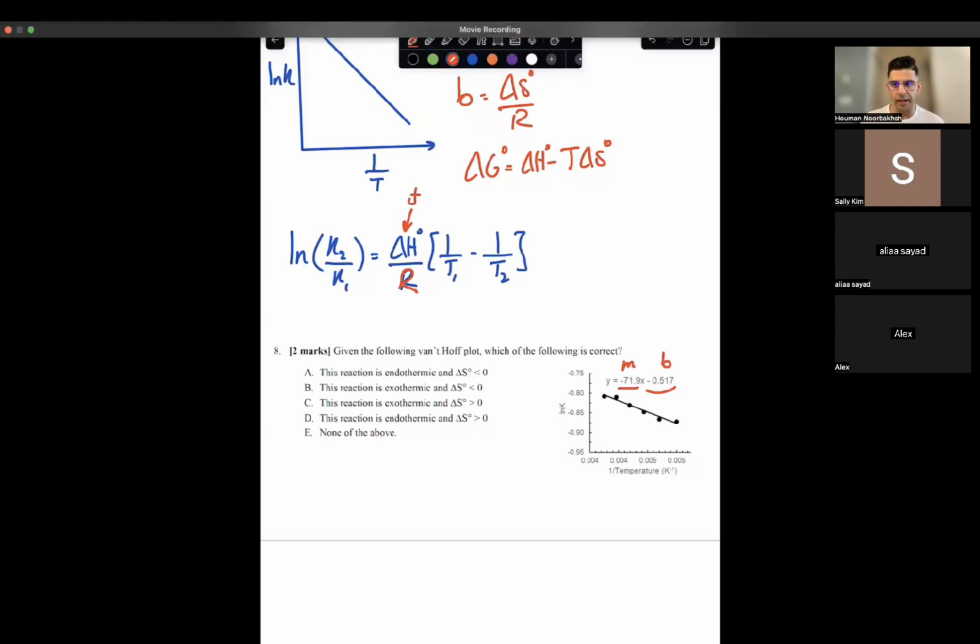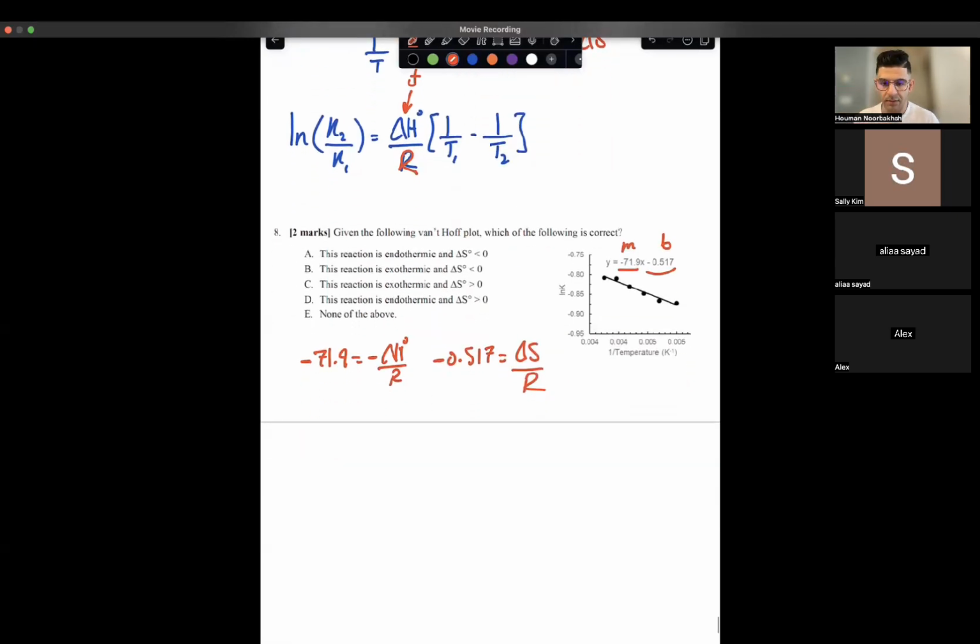It's more like a sign game. Minus 71.9 is equal to your enthalpy over R, and minus 0.517 is equal to delta S over R. That's really what it is.